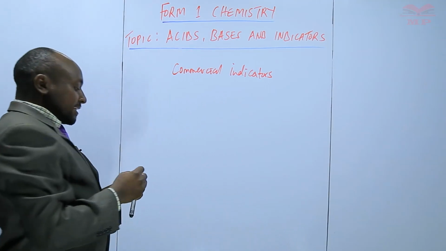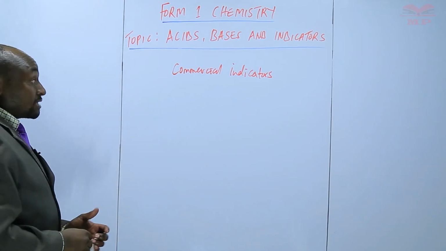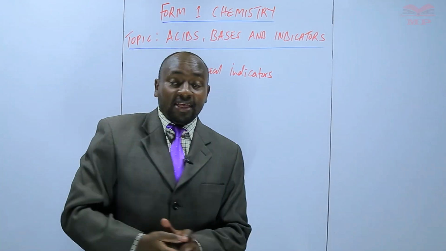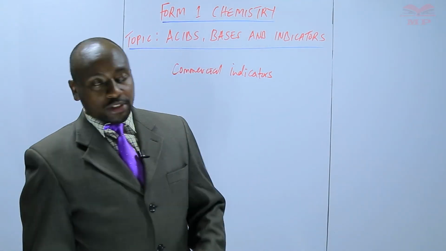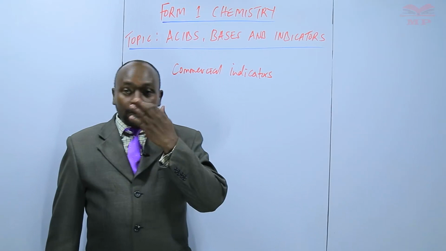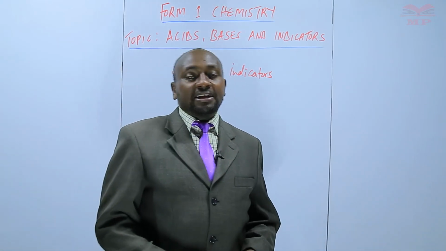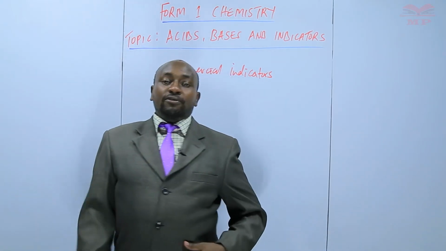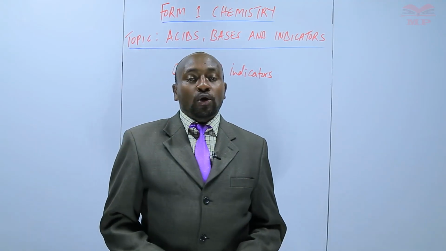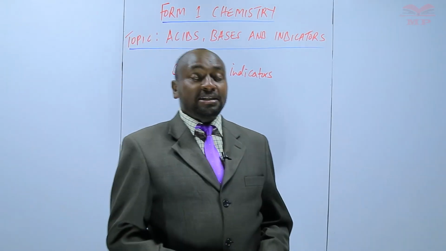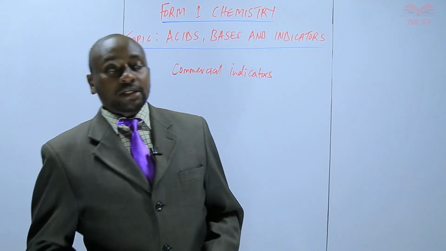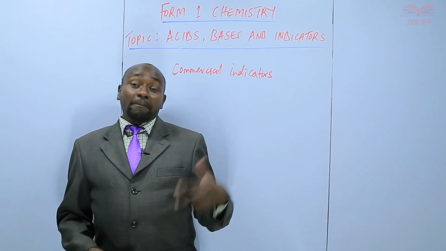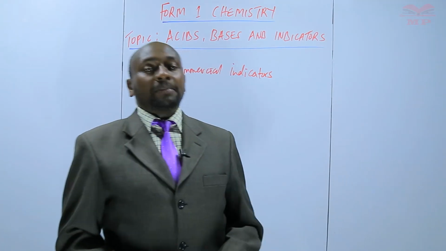Commercial indicators give consistent results. They can be stored for a long time for future use, and so on and so forth. We'll have various examples. We have, for example, an indicator called litmus. Litmus can either be in the form of a solution called litmus solution, or in the form of a paper called litmus paper.